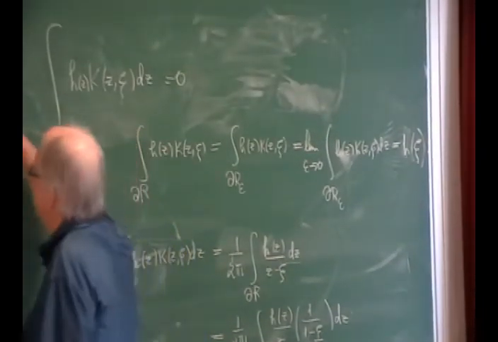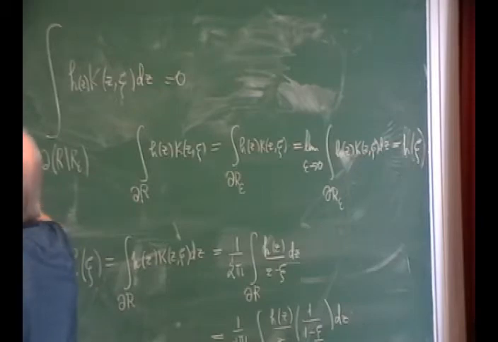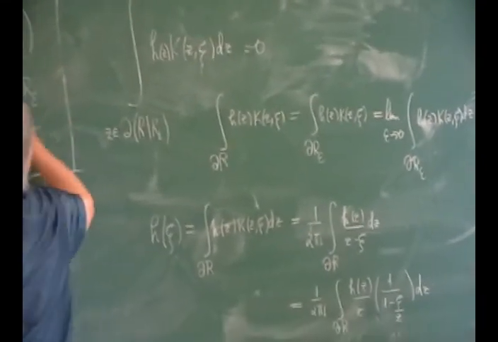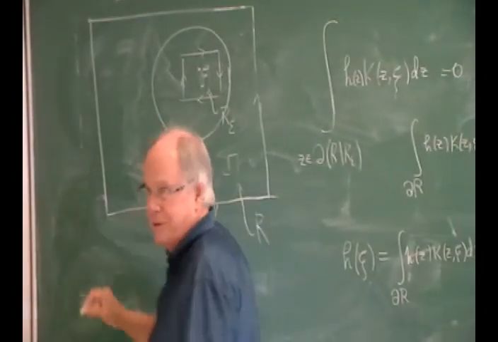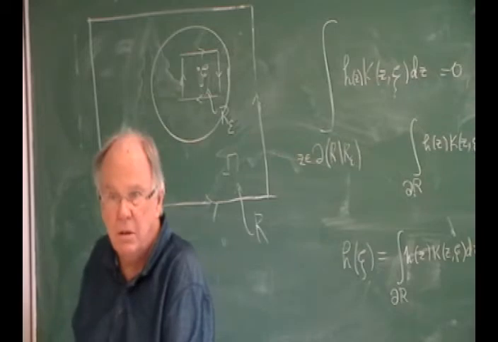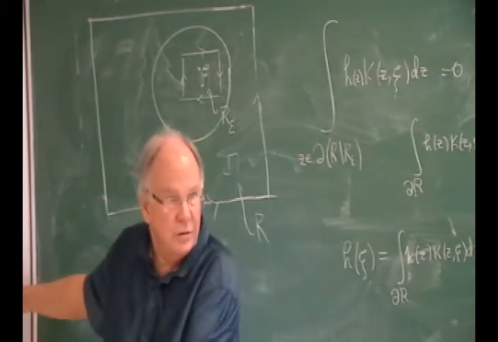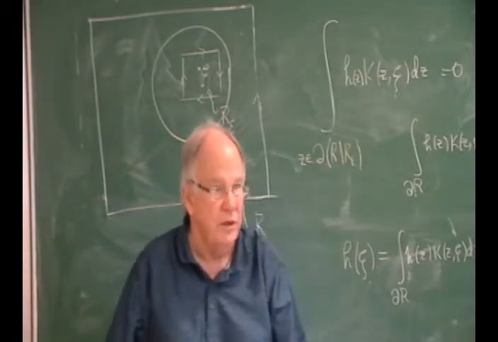If I take a circle, with zeta inside the circle and z outside the circle, then this quotient zeta over z is less than 1.